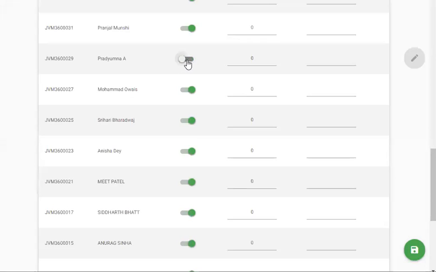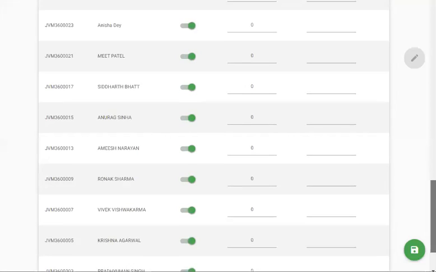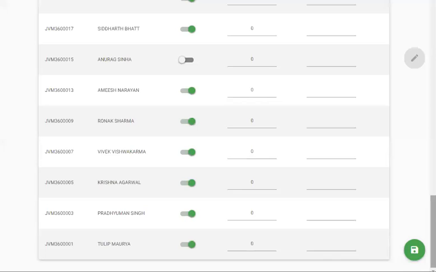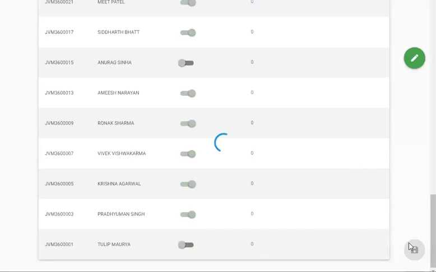Please respond, otherwise you will be marked absent. Anurag absent, Krishna present, Tulip absent. Okay, so J students, you can leave.